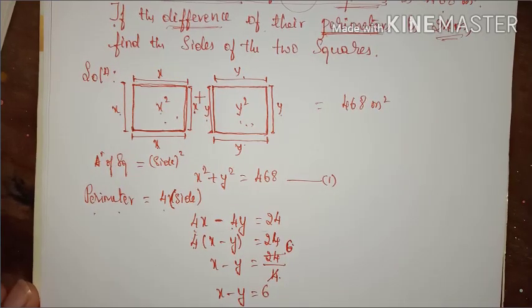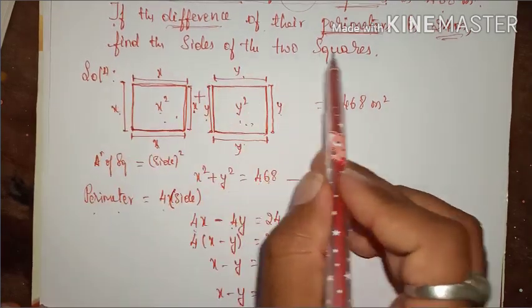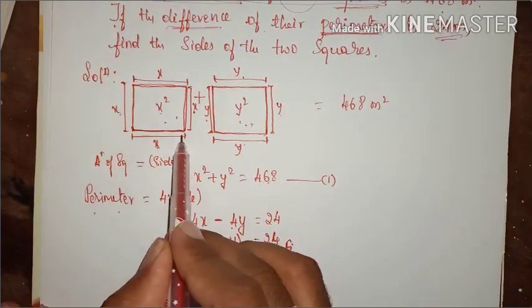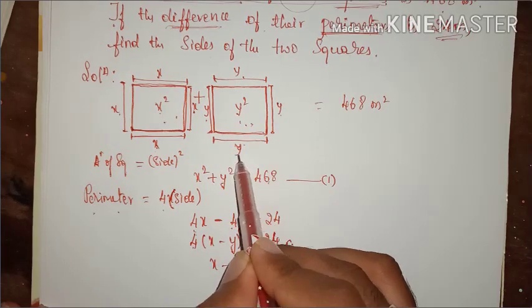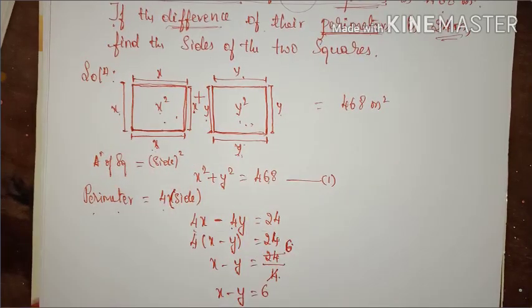Is it clear? Now I have two equations here. I have to simplify, because I should find the sides of the two squares. The side of the first square is x, the side of the second square is y. It means I am supposed to find the x as well as y values.